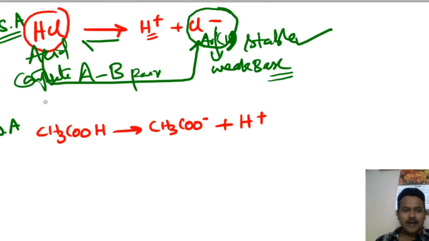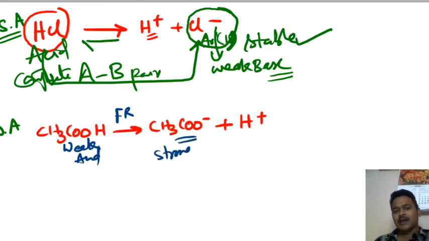Come here again. CH3COOH is a weak acid converting into CH3COO minus and H plus in a forward reaction. It is a weak acid because it is very weakly dissociated.